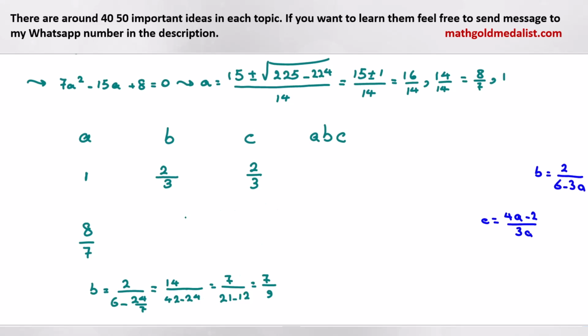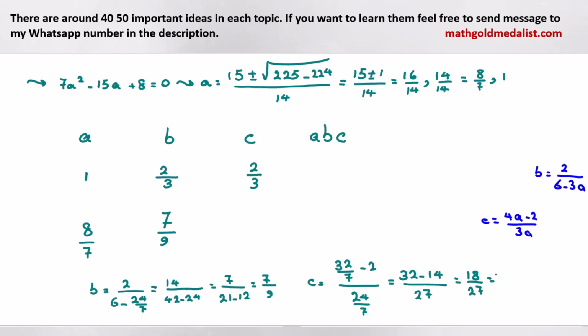Okay, so let's write 7 over 9 and see C. 4A minus 2. 4 times this A, 8 over 7, is 32 over 7. Minus 2, 3A is 24 over 7. Now, if you multiply both numerator and denominator by 7, it will be this over 24. This one, 16, 18 over 27.